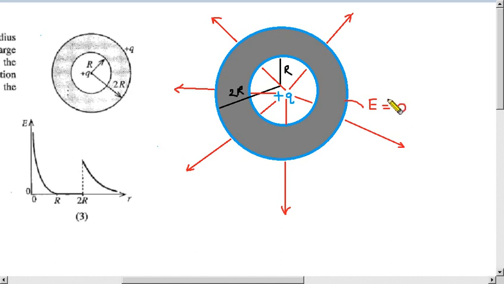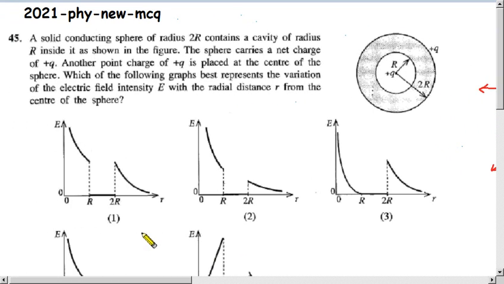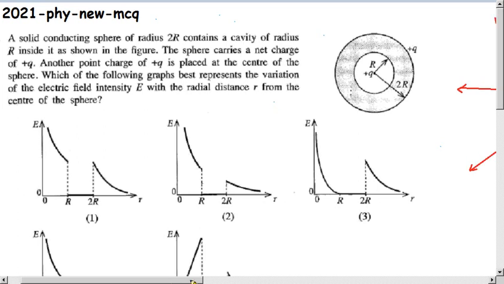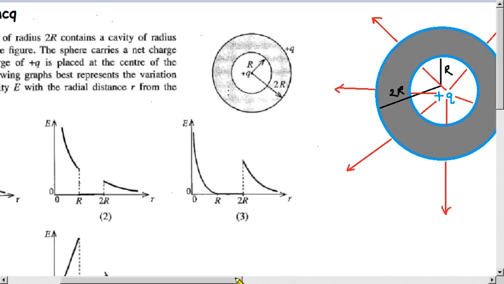Therefore, when we come out from the center, we should have a region of 0 field intensity E when we pass through this material.